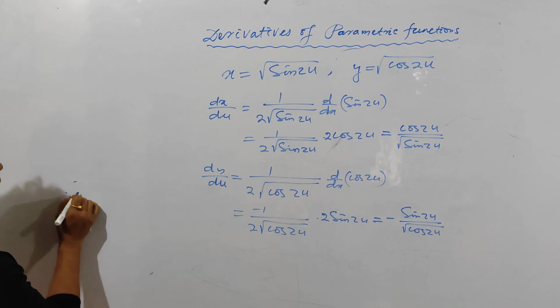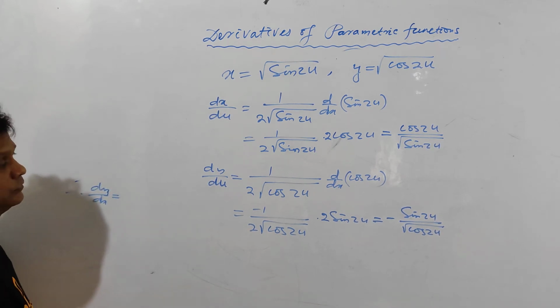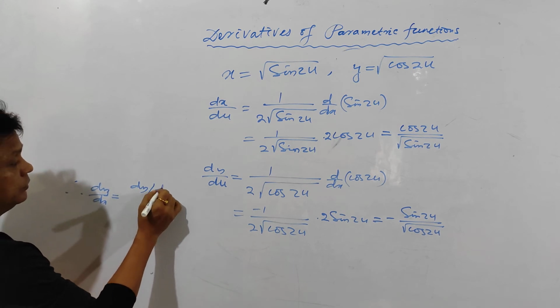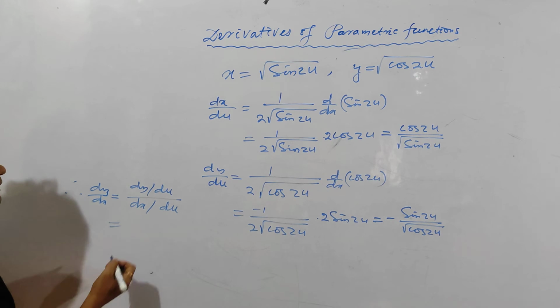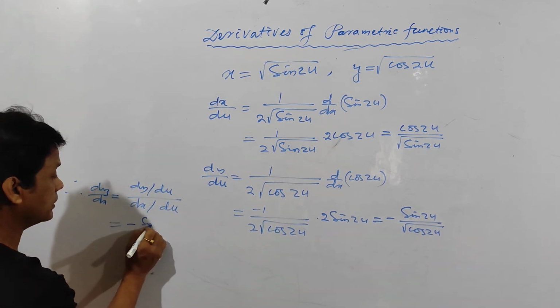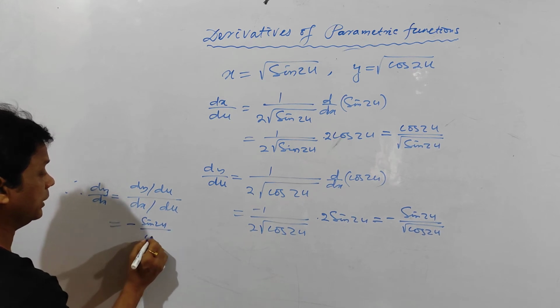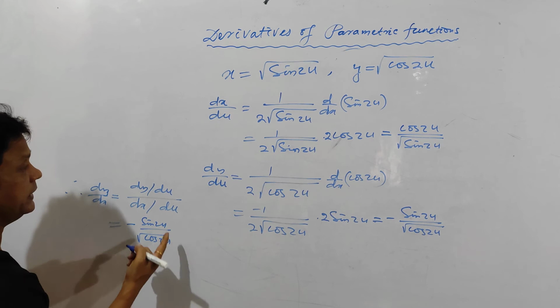So therefore dy by dx is equal to dy by du divided by dx by du. And what is dy by du? This one. So minus sin 2u divided by root over cos 2u, and divided by dx by du.